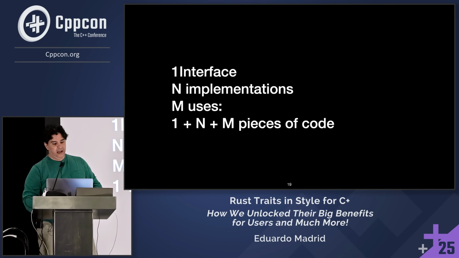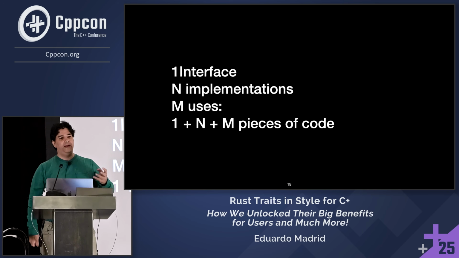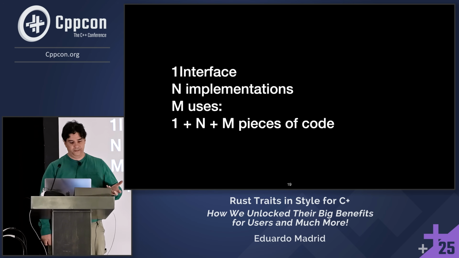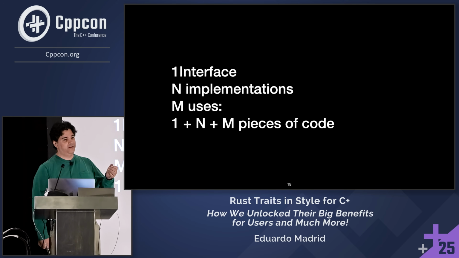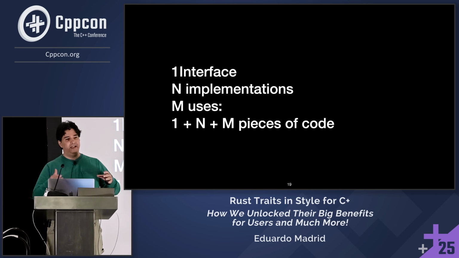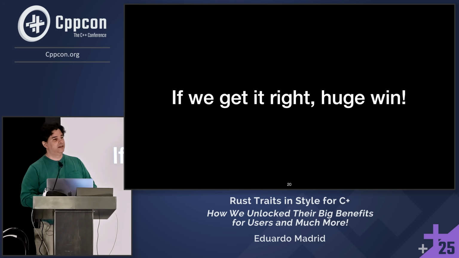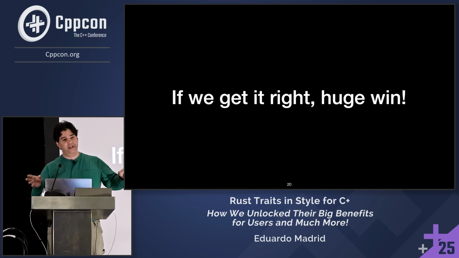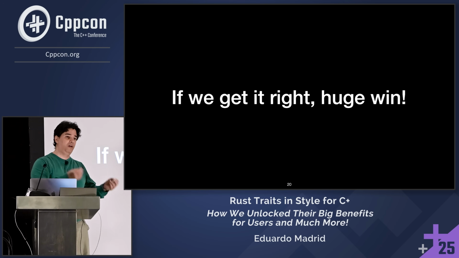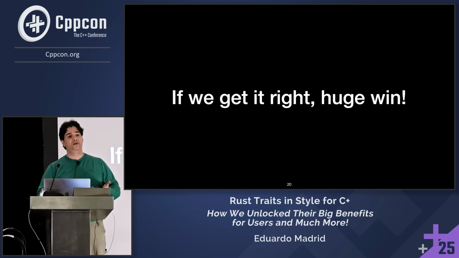Now, if you do the work to come in with a good abstraction, let's call it an interface, then perhaps you're going to have the same n implementations and the same m uses, but the total amount of pieces of code that you're going to be doing is 1 plus n plus m. And of course, if we get it right, that's going to be a huge win, right? So it's really important that we have all of the tools necessary for us to come up with great abstractions that relieve us of work as opposed to introducing work for us.